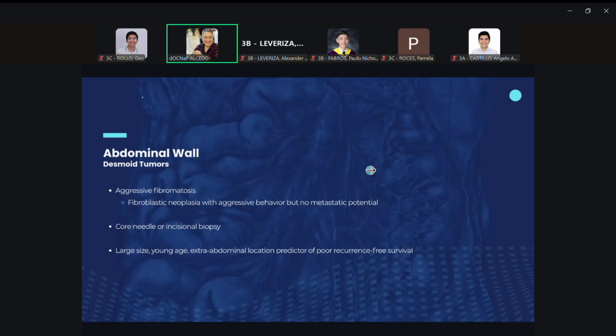So you can read on your tumors, your desmoid tumors, okay? But all of these are neoplastic lesions, no? Which have no metastatic potential, and of course, you have to do biopsy on these lesions.